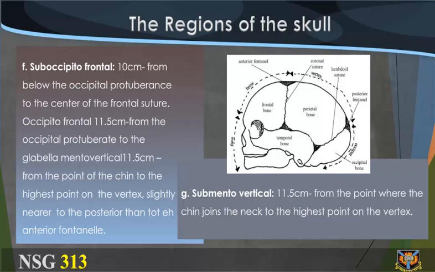Occipital frontal, 11.5 cm, from the occipital protuberance to the glabella. Mentovertical, 11.5 cm, from the point of the chin to the highest point on the vertex, slightly nearer to the posterior than the anterior fontanelle. Submental vertical, 11.5 cm, from the point where the chin joins the neck to the highest point on the vertex.